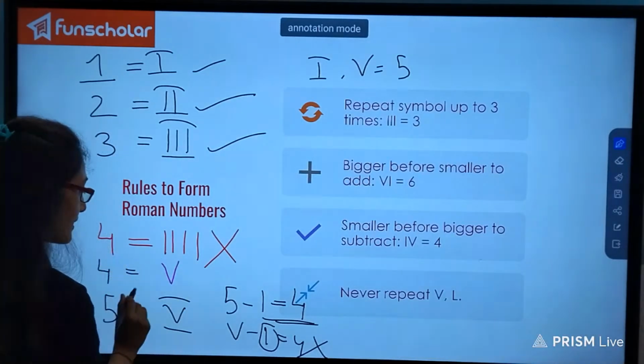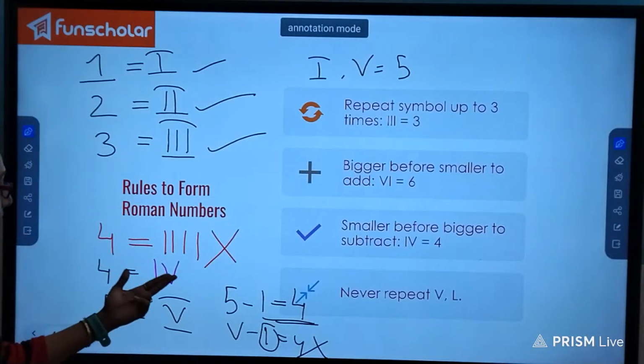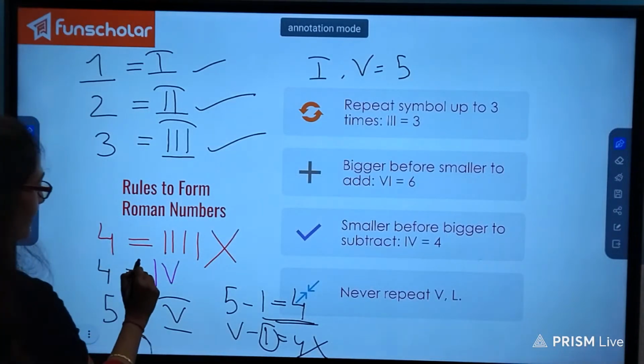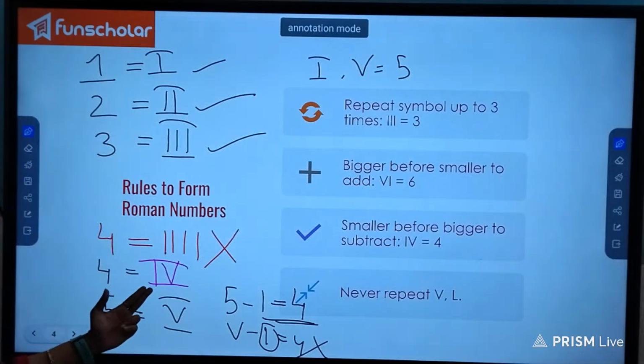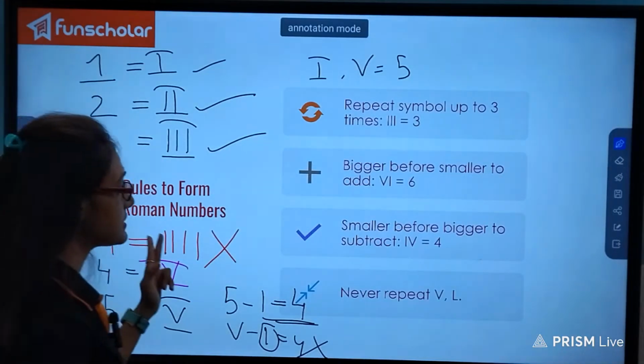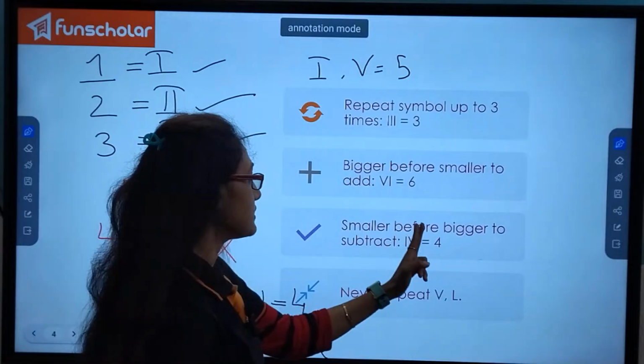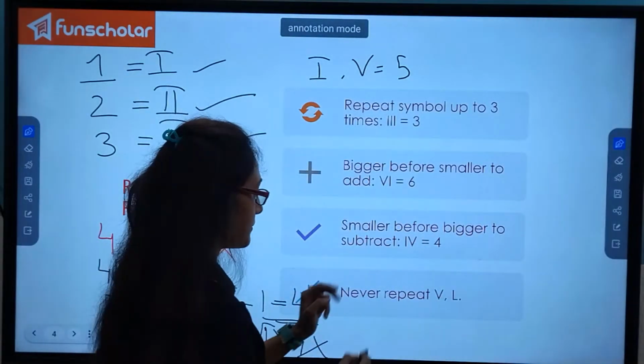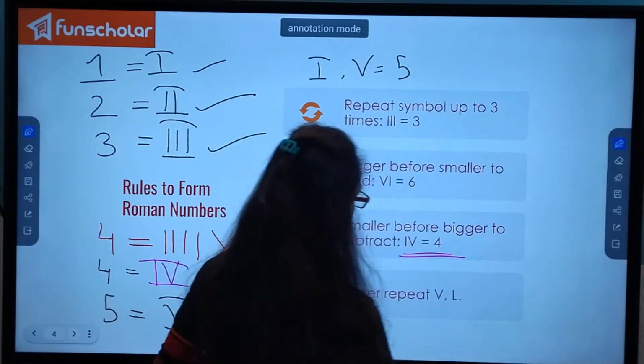This represents 5, and if I put 1 on the left side of the 5, then it becomes 4. So subtraction says: smaller number before bigger number. Then you have to subtract.